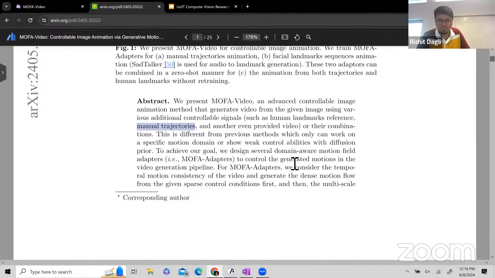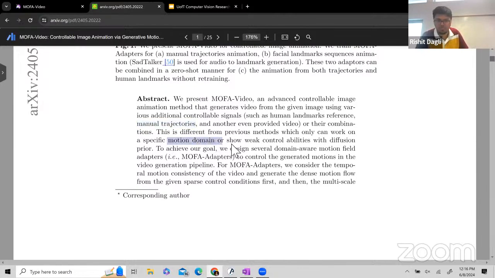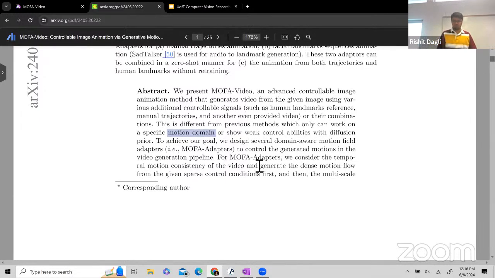One more jargon is motion domain. Motion domain refers to a specific category or type of movement that an animation system is designed to handle.